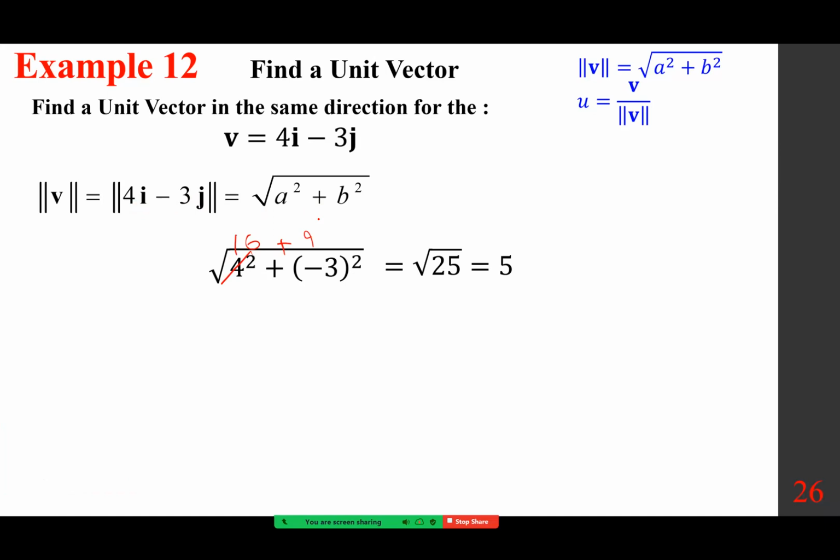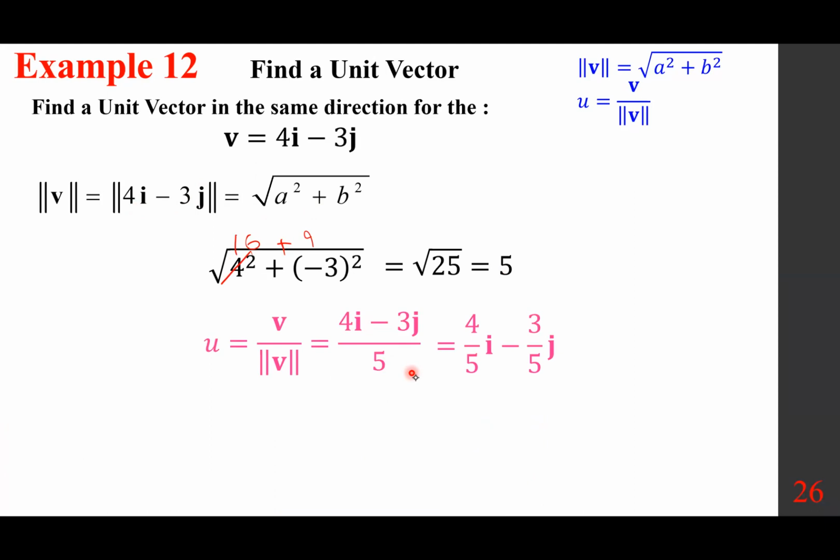So all we have to do is divide the vector v by this number, and we write 4 over 5 i minus 3 over 5 j, and this is the unit vector in the same direction as v.